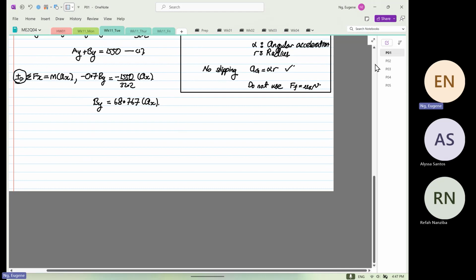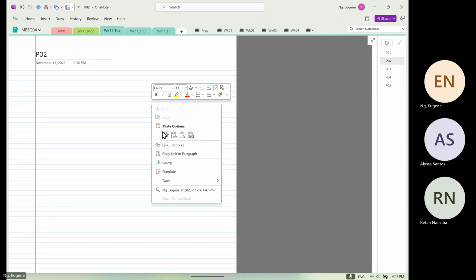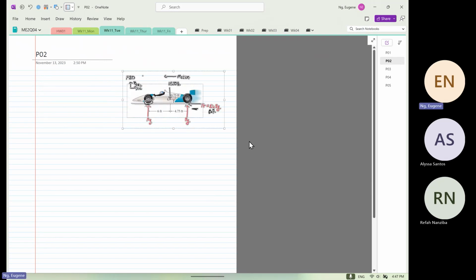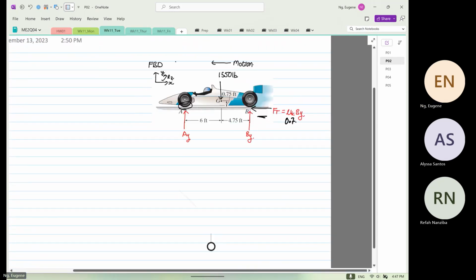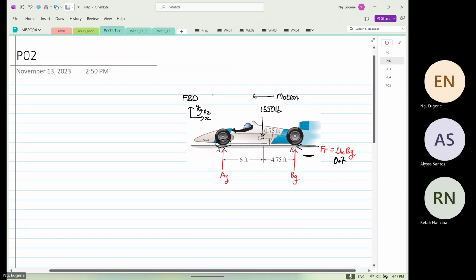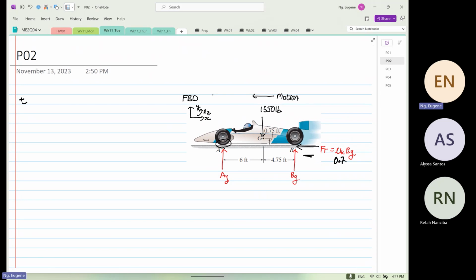I might go to the next page. So I want you to focus on this diagram. We're going to do anything that's anti-clockwise. Summation of moment in the z direction at point A.